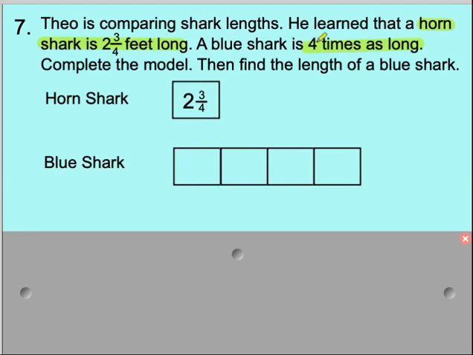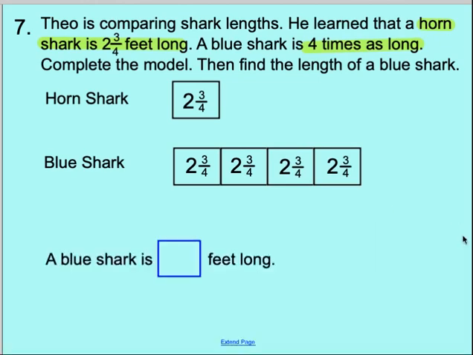And you can see the blue shark, here's the blue shark, is 1, 2, 3, 4 times as long. So we're actually going to have this 4 times. Right? Okay, so now the part we have to do is solve.